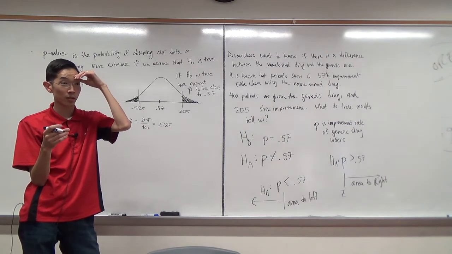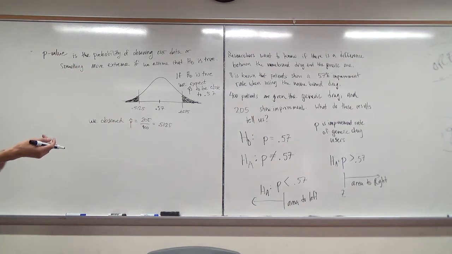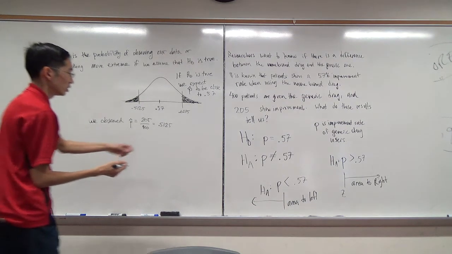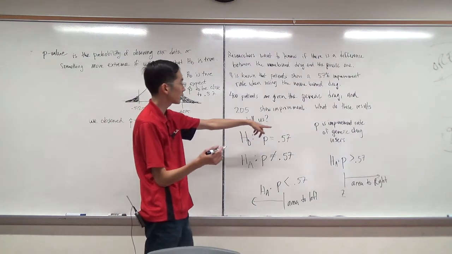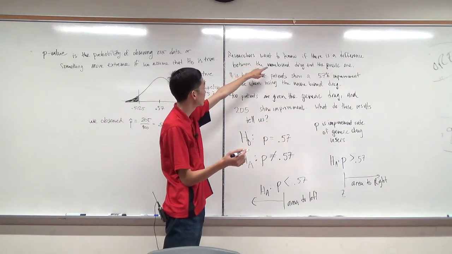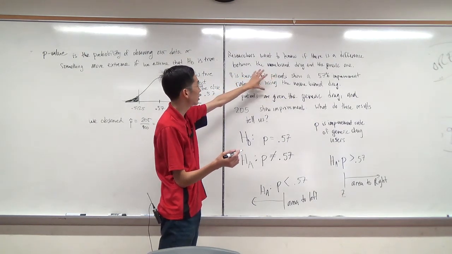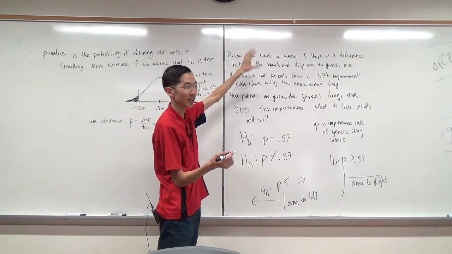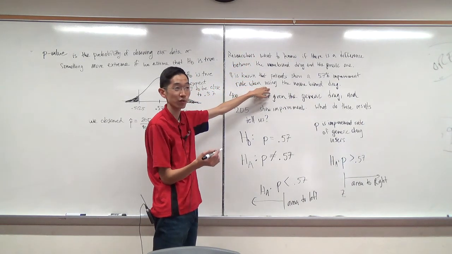Yes? So what you just did there is for the name brand drug, or is that trial for? So no, it's all for the generic one, okay? We want to know if there's a difference between the name brand drug and the generic one, okay? And we know somehow that the name brand drug has a 57% improvement rate.